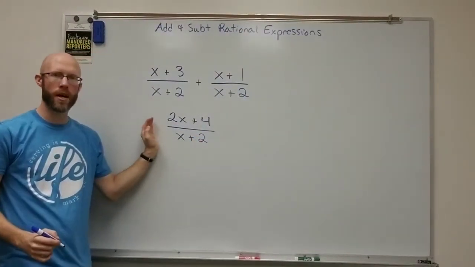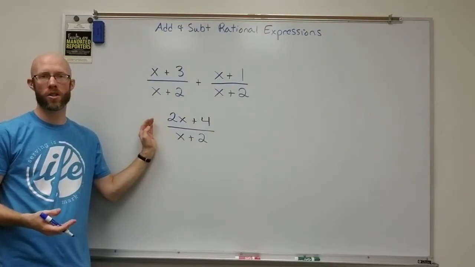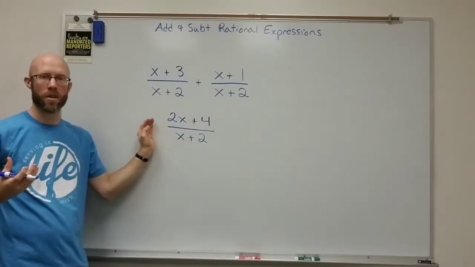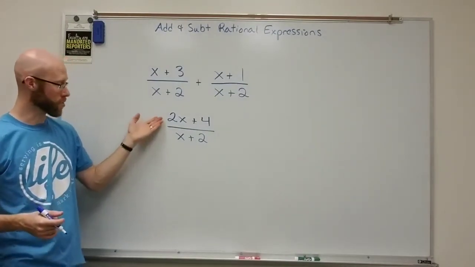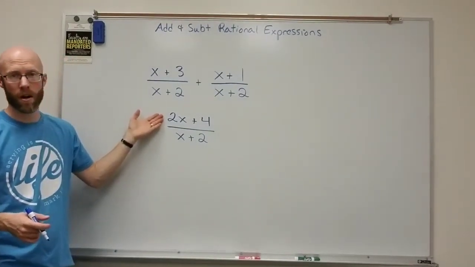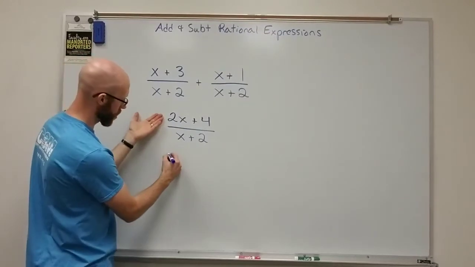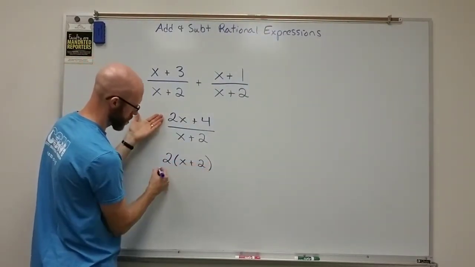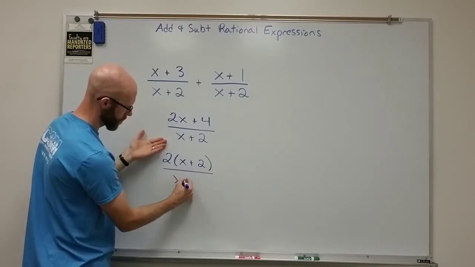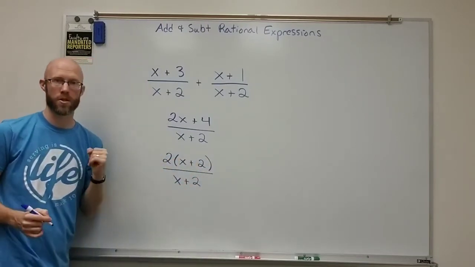Again, remember that when you simplify a fraction, you have to factor the numerator and denominator and then cancel common factors. Well, here we nicely have a factorable numerator. I can pull out a 2. That leaves me with an x plus 2, and on the bottom, another x plus 2.